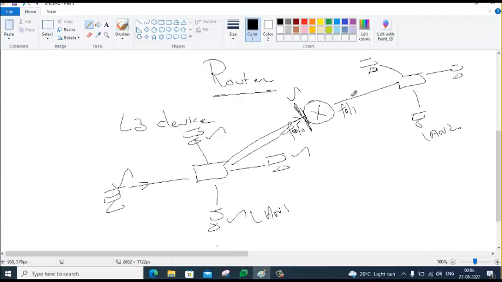If a packet arrives on F0/0 with a destination for which there is no route in the routing table, then it will use the default route. And the default route may be pointing out via this interface. But the packet was not having a broadcast IP address as its destination. The packet was having a specific IP address, a specific destination to go. For that, it will use the default route. When a layer 2 broadcast packet comes, the router has got nothing to do with that. It won't forward to any port.